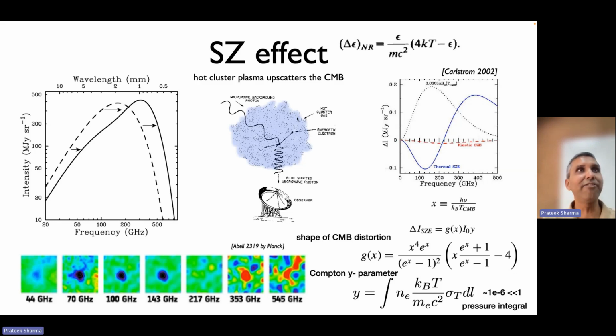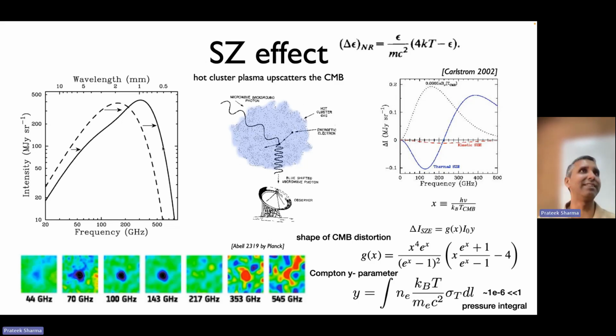But the SZ effect is a scattering effect. And as long as you have a background CMB, which you always have, it does not matter really whether the foreground cluster is near you or far away from you. So you can actually detect galaxy clusters at redshift of order 1 or beyond from this effect, which is impossible to do in X-rays. Okay, very important effect.